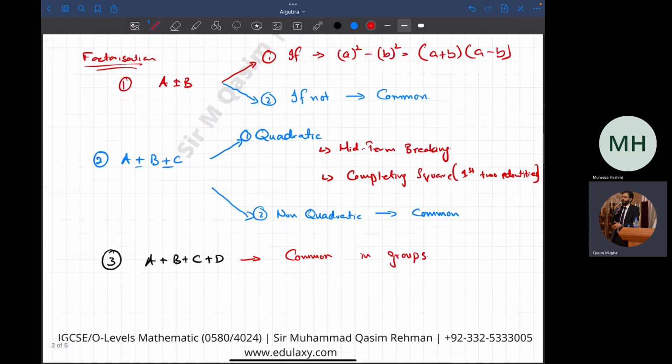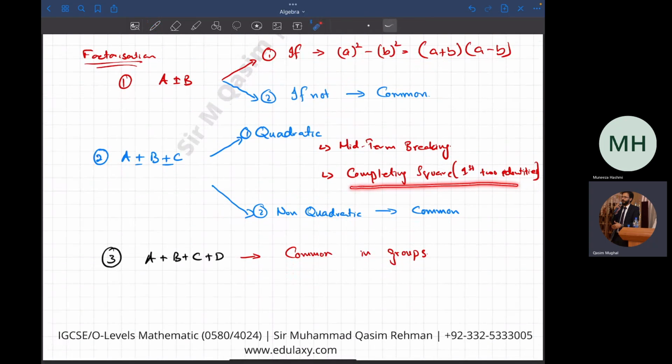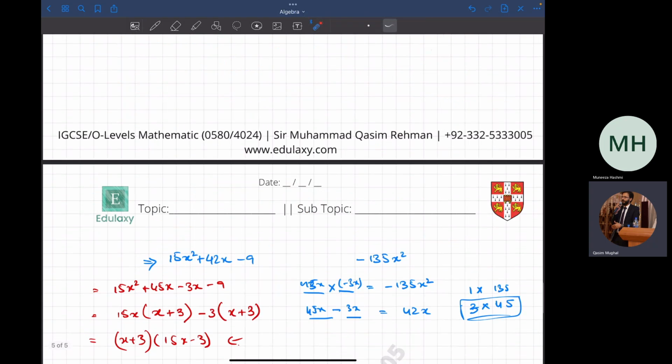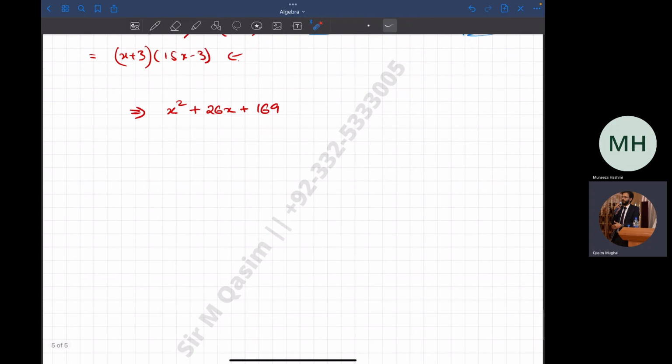As I stated earlier, not all quadratics can be factorized by using the completing the square method. Now, since we are discussing completing the square already, I would like to talk a little bit about it over here on the side. Completing the square is a process. It has got nothing to do with factorization only, okay?